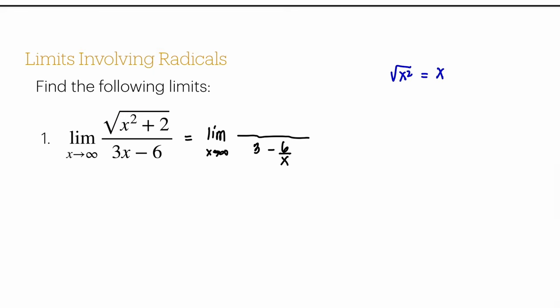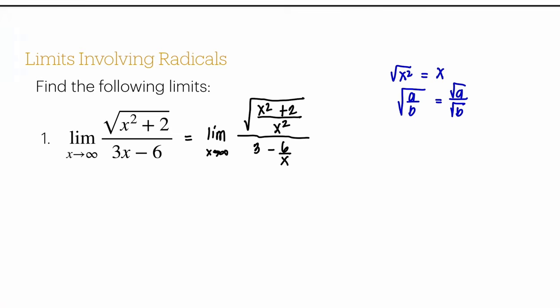So we're going to write the numerator as the square root of x squared plus 2 over x squared. Recall also that the square root of a over b is equal to the square root of a over the square root of b, meaning the square root of x squared plus 2 divided by the square root of x squared is just equal to the square root of x squared plus 2 all over x squared.